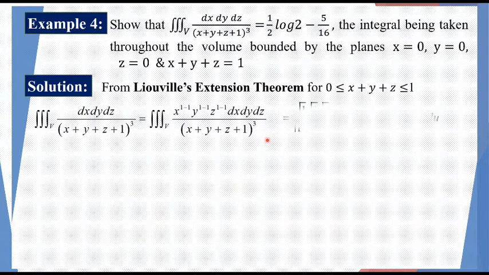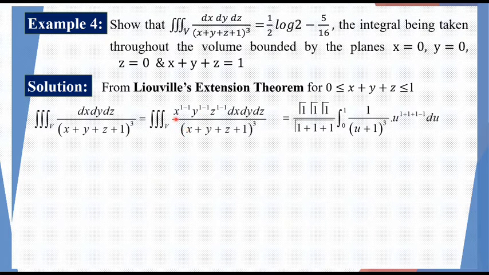So applying Liouville's extension, we get gamma 1, gamma 1, gamma 1 upon gamma of 1 plus 1 plus 1, integral from lower limit to upper limit, that is 0 to 1, of f(u), where the function is x plus y plus z plus 1, and x plus y plus z is converted to u.